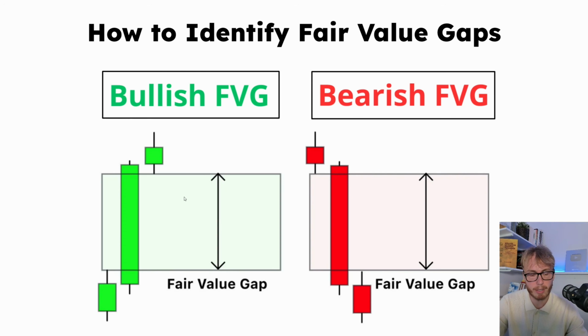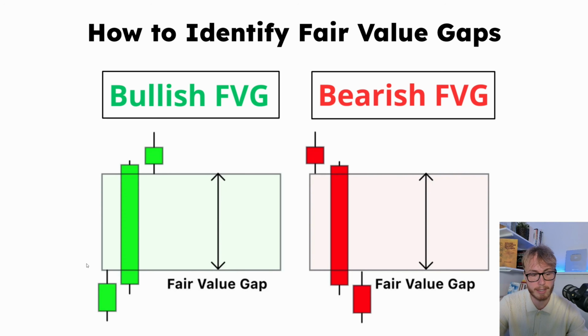The first thing we're looking out for is a strong momentum candle. As a rule of thumb, we usually want this candle to be more than twice as large as the previous candles, or even larger, like 3 times or maybe even 5 times as large. In this case, you can see that this candle is almost 5 times as large as the previous one.